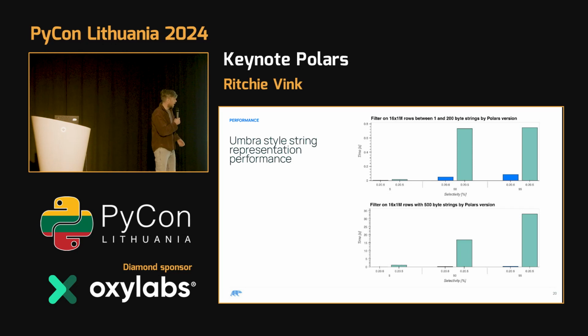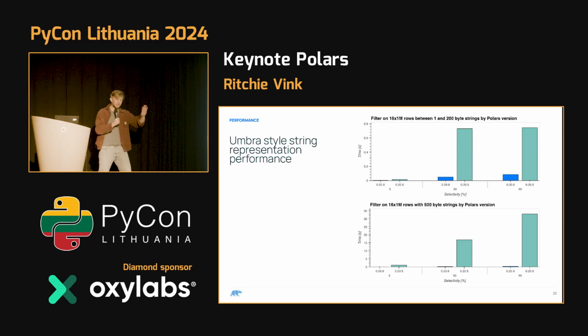If your string is 500 bytes, you don't even see the difference anymore. It's going from constant to 500, so it's a 500 times difference. Yes, so this was a huge refactor, but it gave a lot of performance benefits.